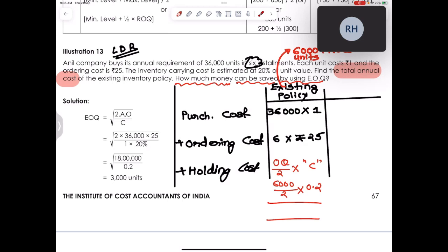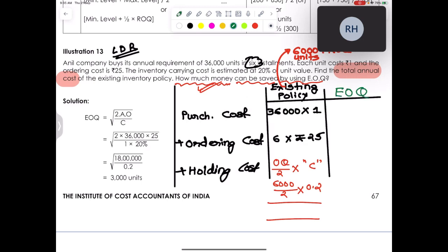And then after that computation, we will be able to decide if we have adopted the economic order quantity, that will be the cheapest option available with the industry, that whenever you are about to decide the quantity to be ordered at a time, please you have to use the economic order quantity.